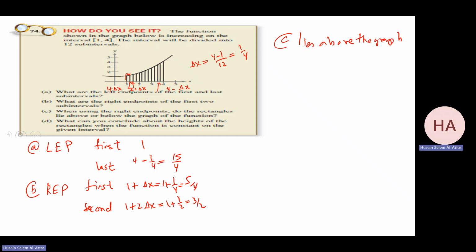What can you conclude about the heights of the rectangles when the function is constant in the given interval? Assume it's a different question, not related to this graph.